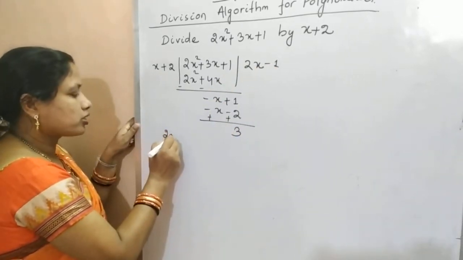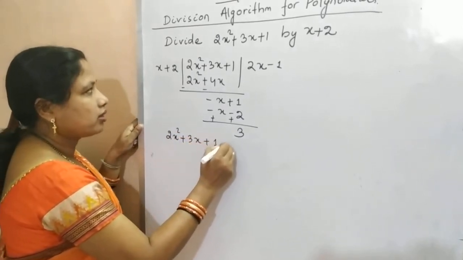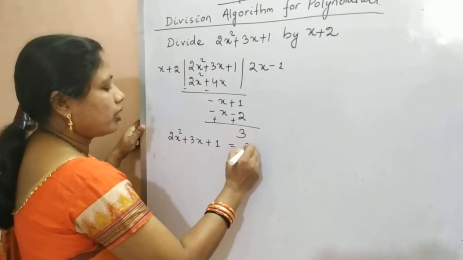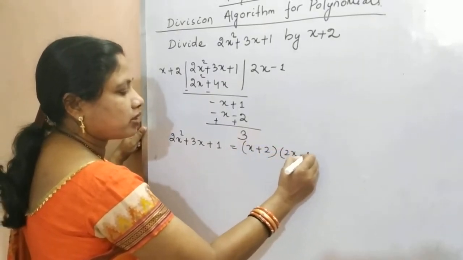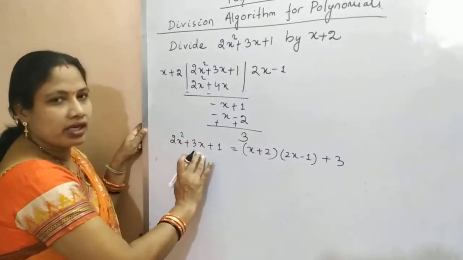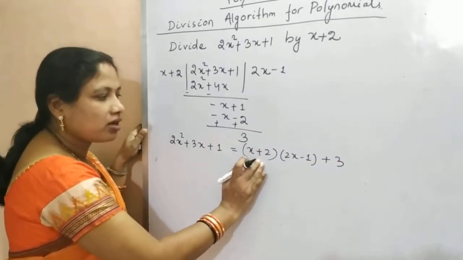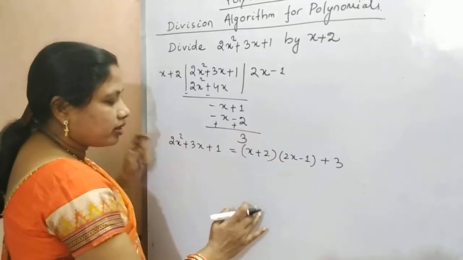the quotient. So 2x square plus 3x plus 1 should be equal to x plus 2 whole into 2x minus 1 plus 3. Dividend is equal to divisor multiplied with quotient plus remainder.